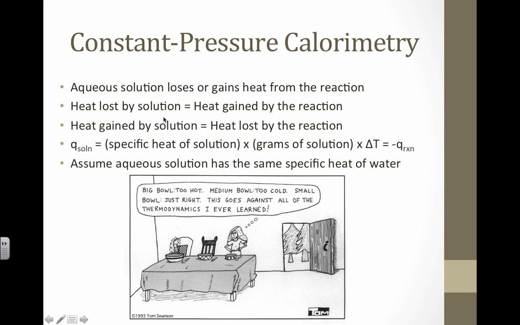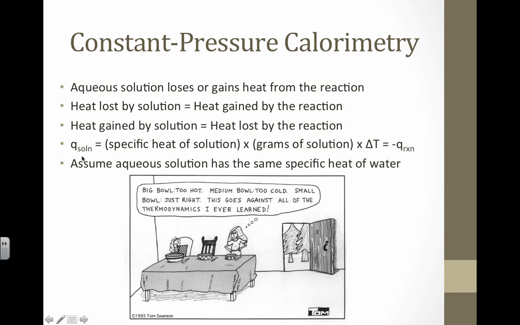It can go in a couple different directions depending upon the nature of the substance and the direction of the heat flow. So if heat is lost by the solution, that means that the reaction is gaining heat. If the heat is being lost by the reaction, then it's being gained by the solution. I know it seems kind of confusing, but we'll talk about this in more detail in class.